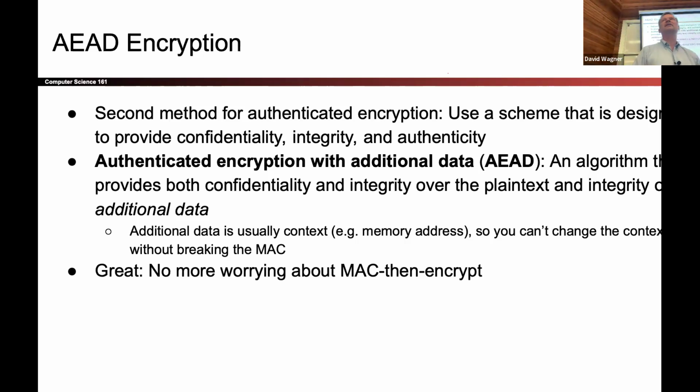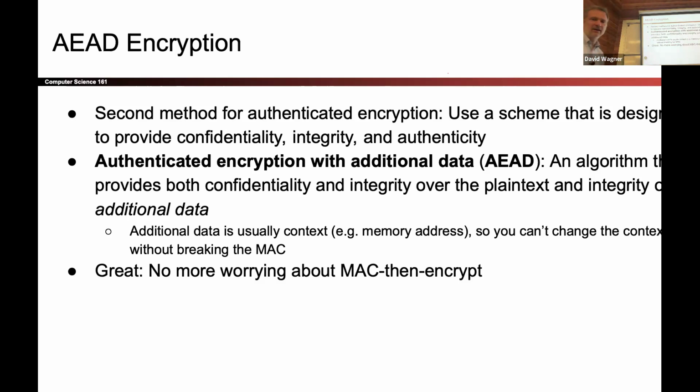And they're a good default anytime you need security and you have a shared key. And actually, a lot of them provide an extra feature as well. They also provide what's called additional data. So it's a single algorithm that lets Alice provide a message and indicate this part is confidential and this part is not confidential. It provides confidentiality only on the first part and integrity on the whole thing.